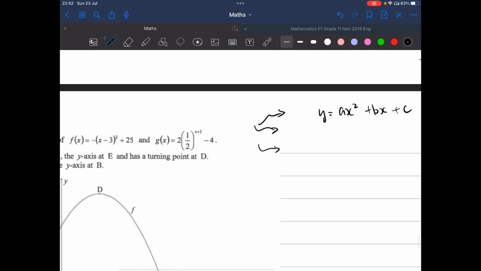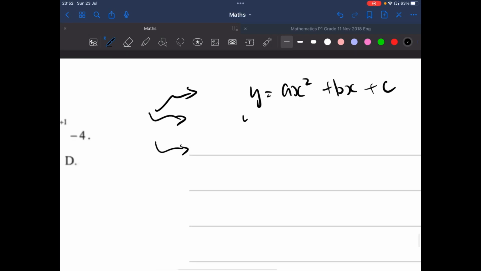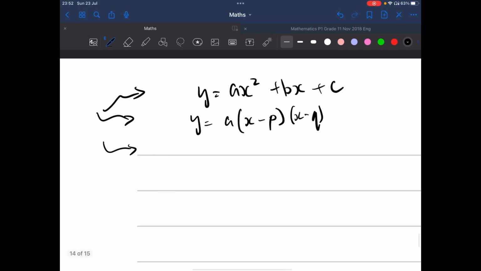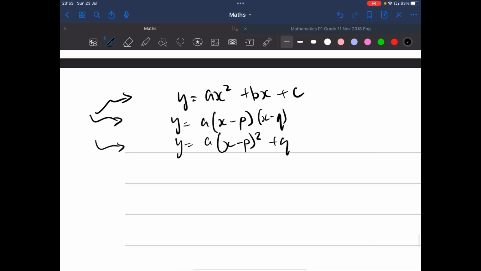Or you can have the x-intercept form, y = a(x - b)(x - q). Or you can have y = a(x - p)^2 + q. Okay, this is called turning point form. This was the x-intercept form, and this is our standard.